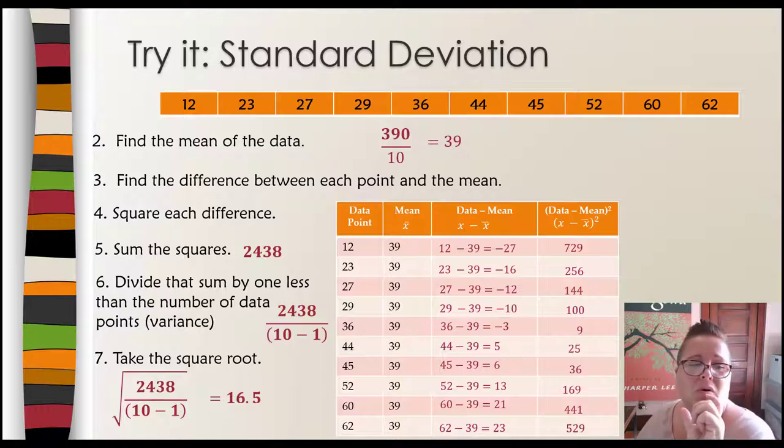So what I need you to understand is that it's how spread out the data is, and it can be used as the width of your histogram bar. So if you started at 0, you could go to 16.5, and then it would be 16.5 to 32.9. You can keep adding 16.5 on, okay?